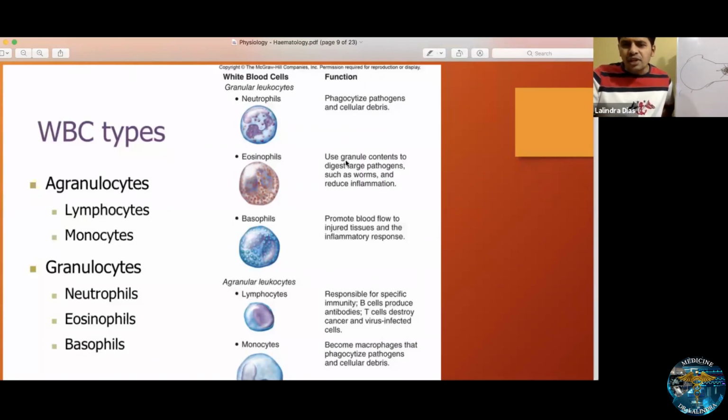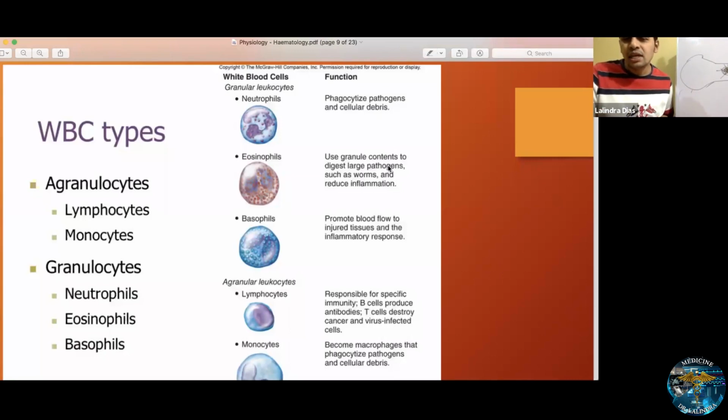They have granules containing digestive particles, to digest large pathogens. There are granules inside the eosinophils, and those granules will go and destroy various outside organisms.